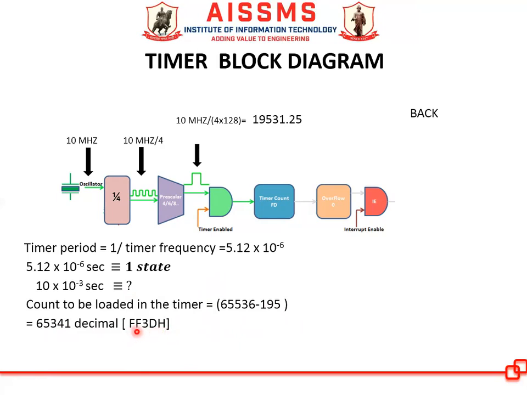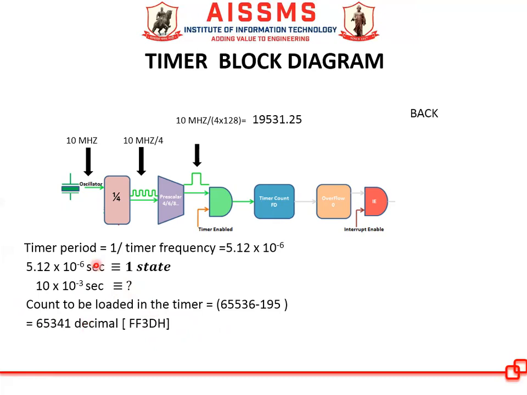The next count will be FF3E, then FF3F, and it will continue to count. After 195 states, it will roll over from all ones, that is FFFF, to 0000, and the timer overflow flag will be set. Once the timer overflow flag is set, we know that 10 milliseconds are over.